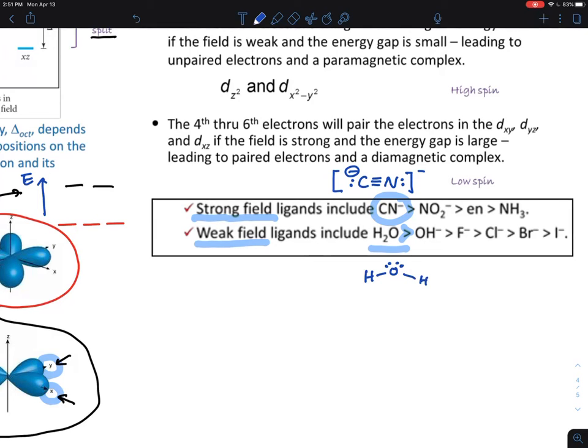The formal charge of carbon is negative, and these are the strong complexes. For strong ligand complexes the splitting is large, like this, and for weak ligand complexes the splitting is small, like that, in terms of the energy field.